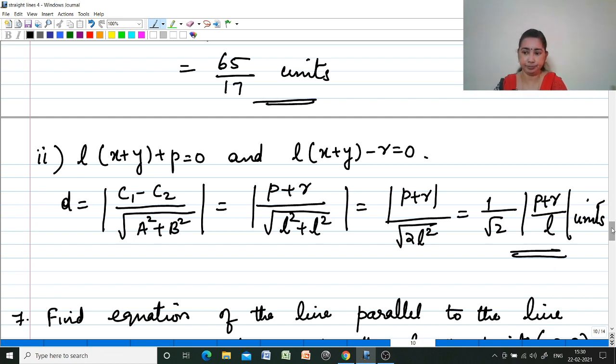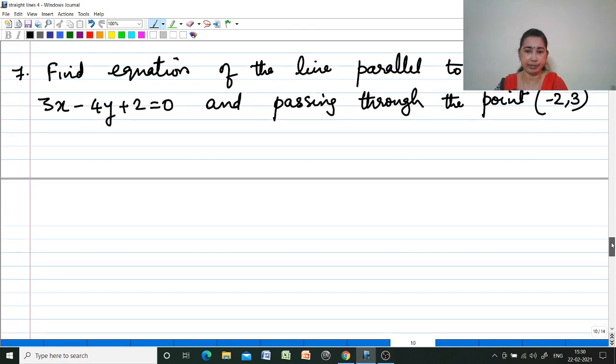Now next one, question number 7. Find the equation of the line parallel to the line 3x minus 4y plus 2 equal to 0 and passing through the point (minus 2, 3).